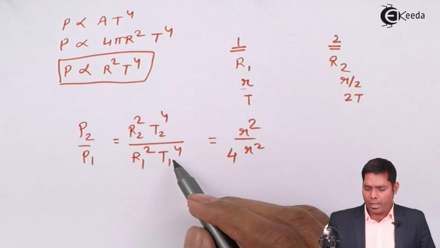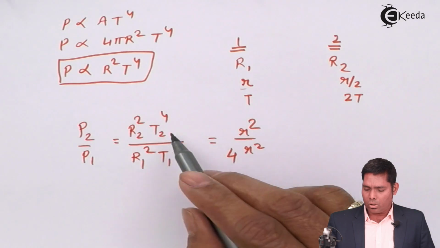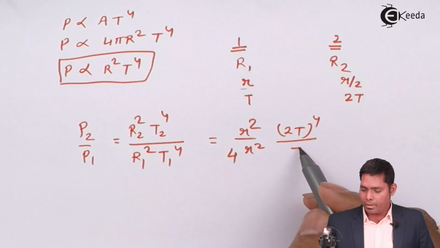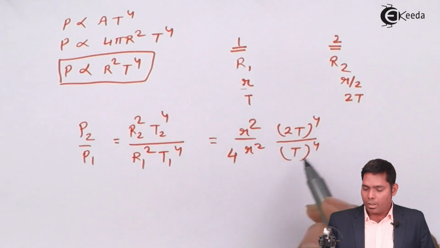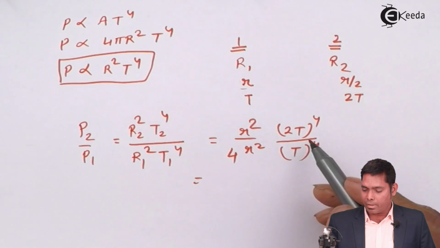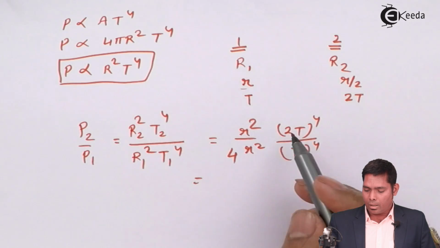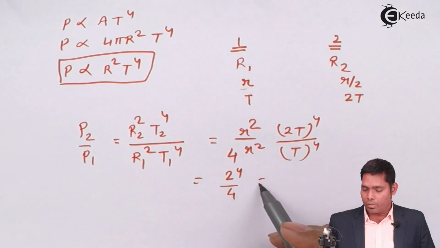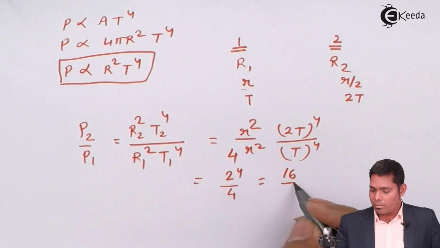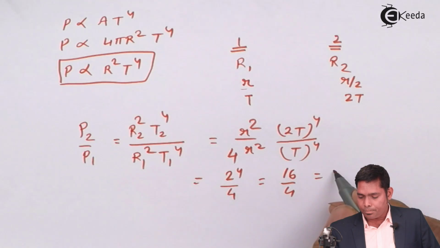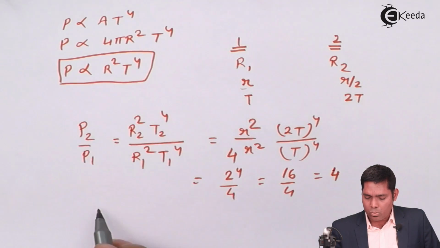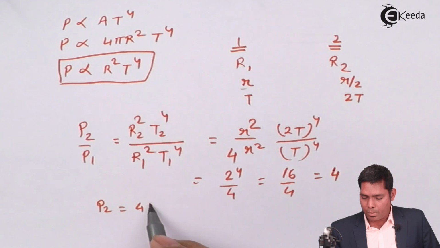T2 is 2T, so 2T to the power 4 divided by T to the power 4. If I solve this, R square will cancel and T will also cancel, and that will give me 2 raised to 4 divided by 4, which is 16 divided by 4, which is 4. So P2 will become 4 times P1.